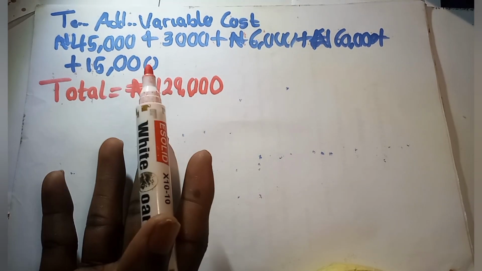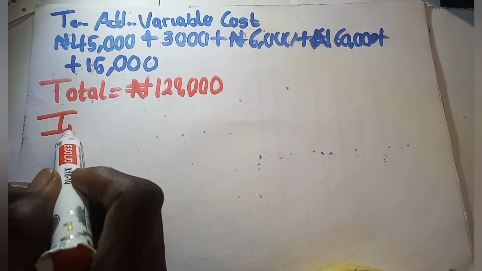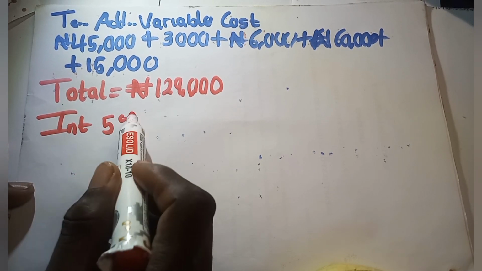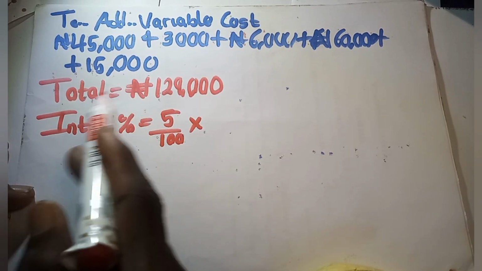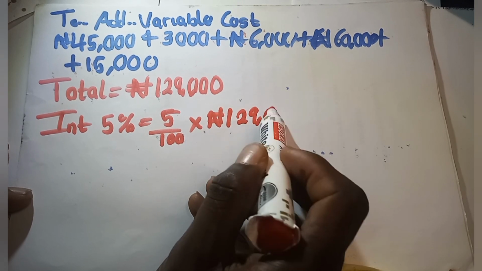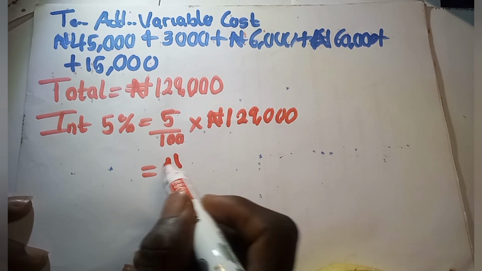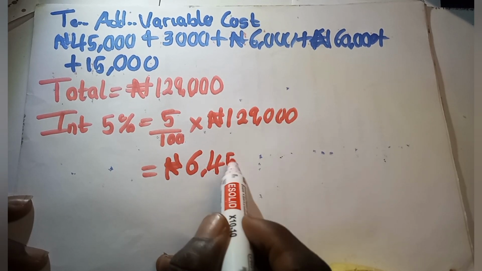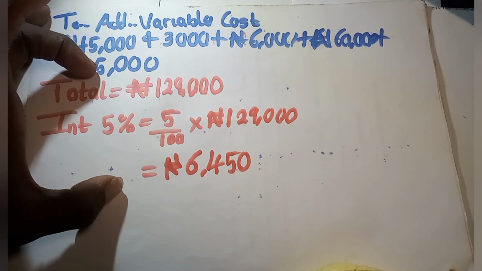After getting this, we're going to be estimating the ruling interest rate, which is 5% interest on this. I'm going to have 5 over 100 multiplied by 129,000 naira. If you multiply this by 0.05, that's 6,450 naira. It is this interest that I'm going to be adding to get my total additional variable cost.